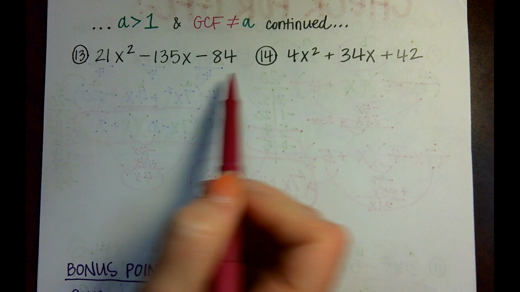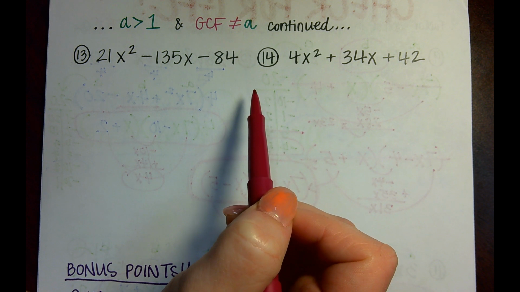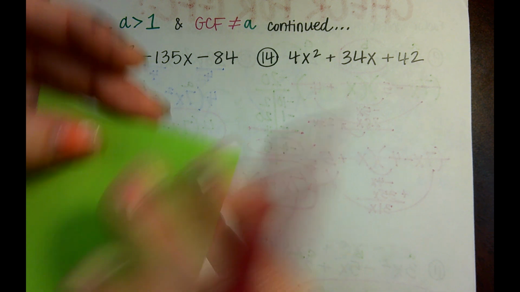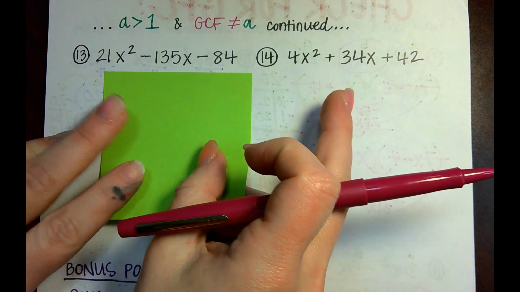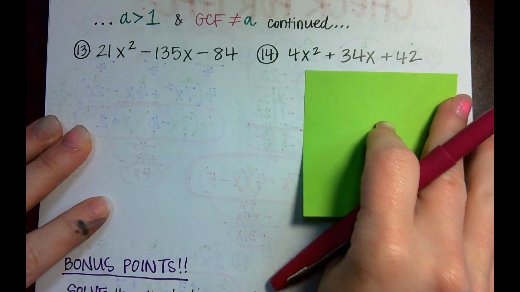What am I checking for first? Greatest common factor. Yes. Is there a greatest common factor? Yes. What is it? 3. Okay, so let's see. We can divide by 3, right?